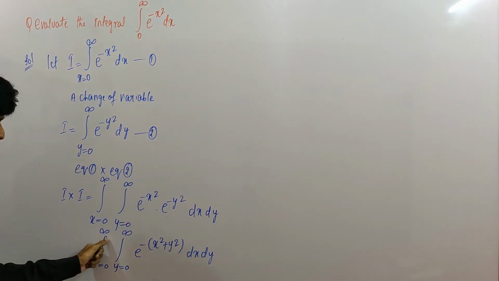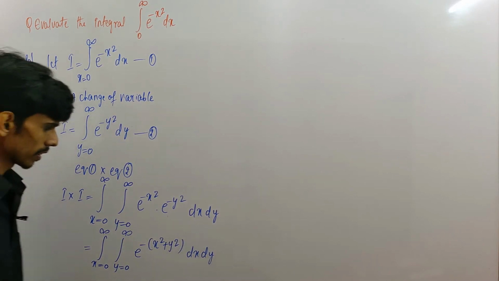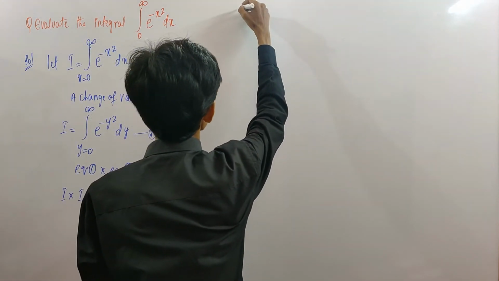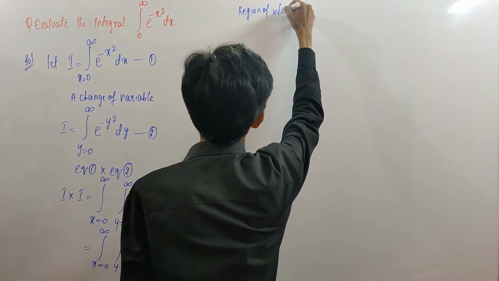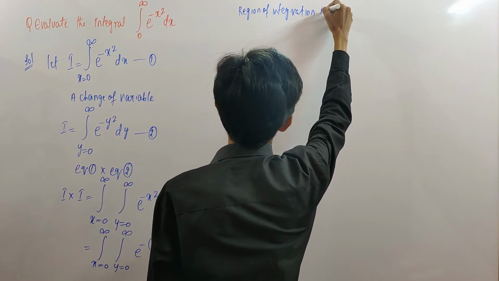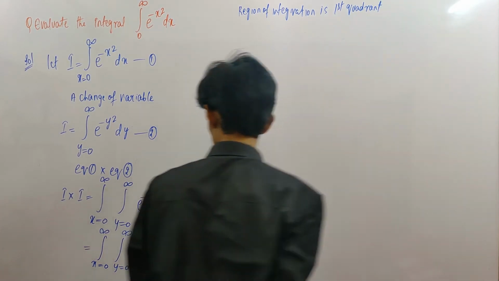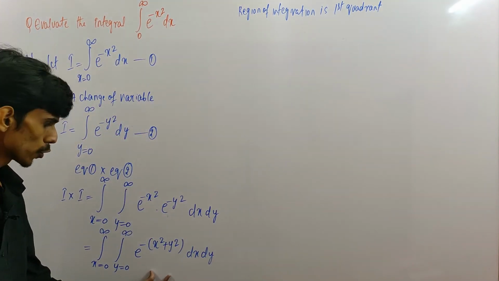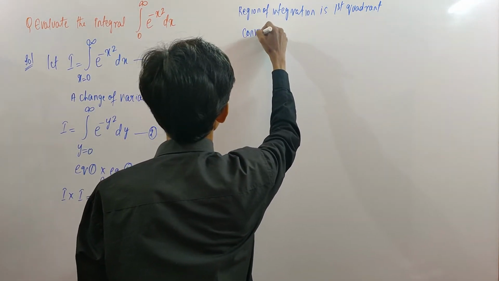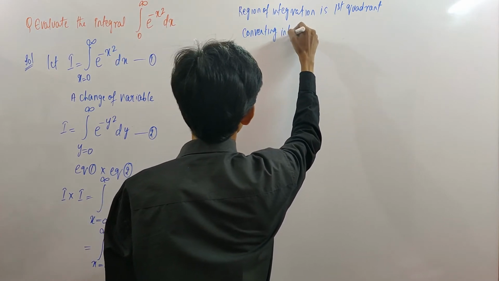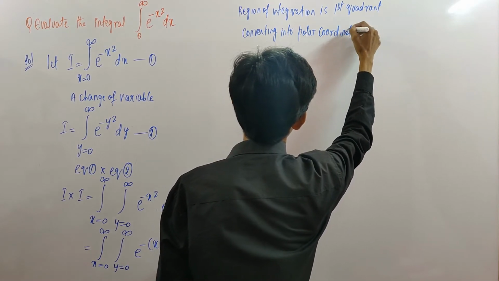Here x varies from 0 to infinity and y varies from 0 to infinity, which means the region of integration is the first quadrant. This integral can be easily solved by converting into polar coordinates.